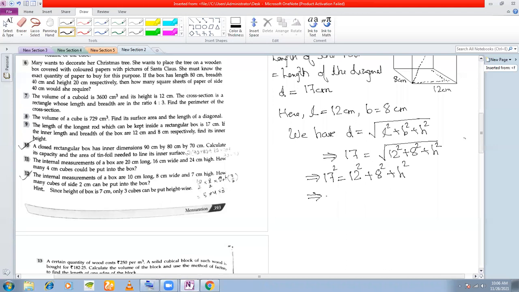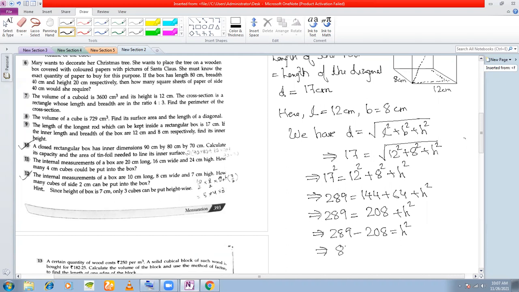So how much is 17 square? 289. 144 plus 64 plus H square. So this is 289 is equal to, I think this should be 208 plus H square. That means 289 minus 208 must be equal to H square.